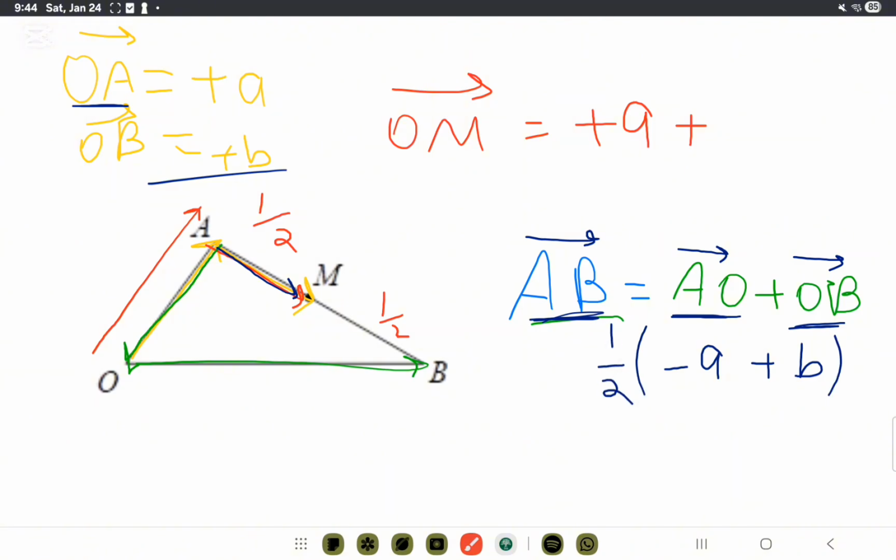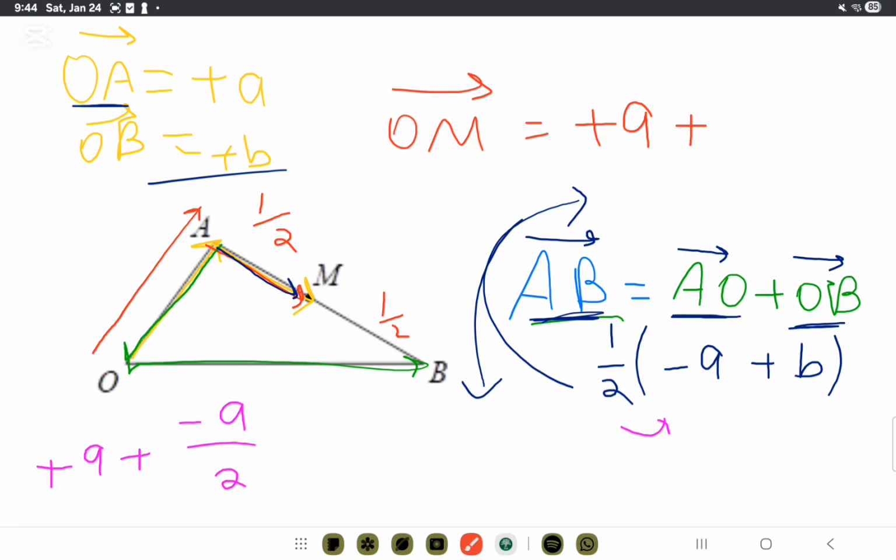Okay? Now, we need to copy this and put it over here. Let me choose this color, okay? This is going to be positive A plus, I'll distribute, minus A over 2 plus B over 2, okay? Now, what you can do, you just add.